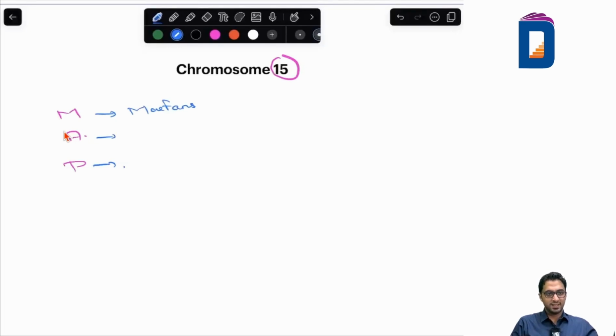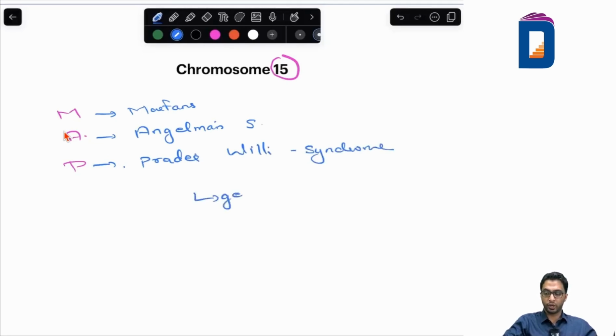It is not Patau syndrome. It is Angelman syndrome, and P for Prader-Willi syndrome. If you have not learned, we'll learn this in detail and what it is exactly. These two are associated with genomic imprinting.